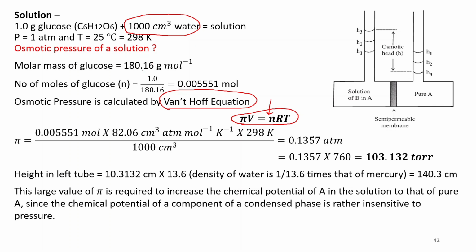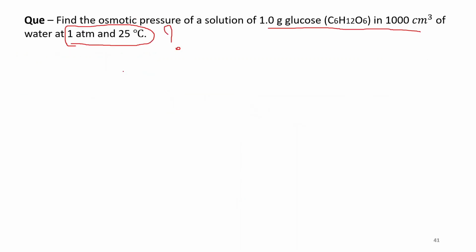So let's first calculate the number of moles of glucose, which is the weight given, 1 gram of glucose, divided by its molar mass, which is 180.16 gram per mole, or we can calculate it from its chemical structure, C6H12O6.